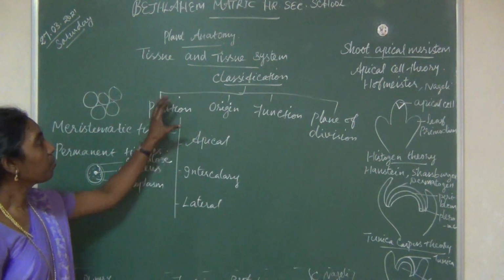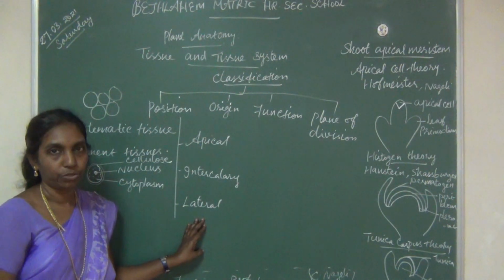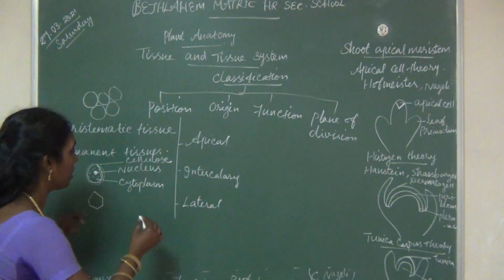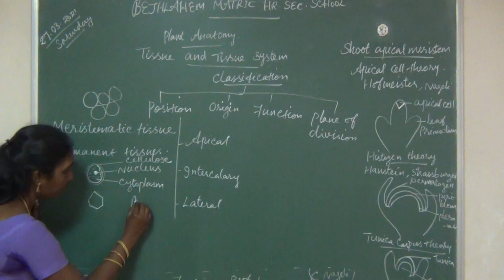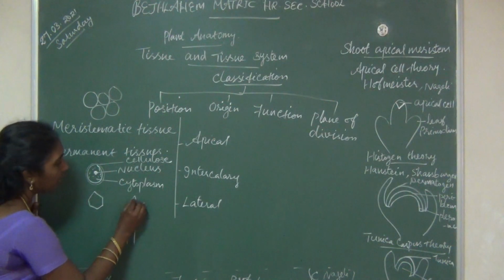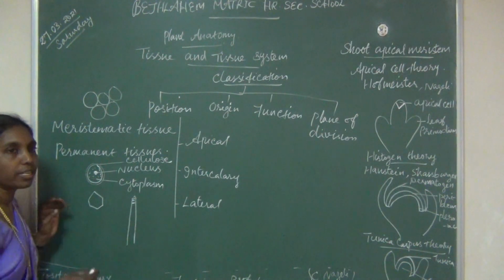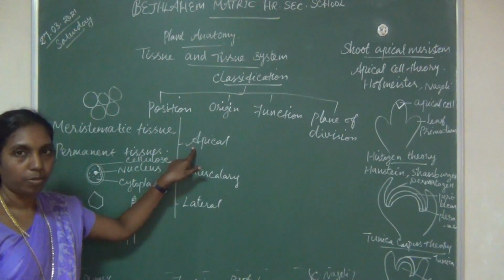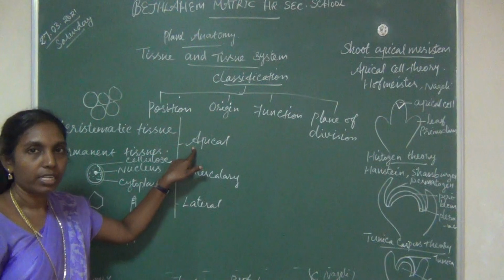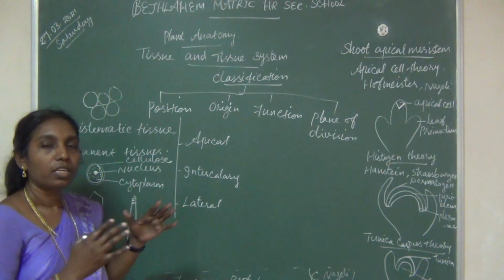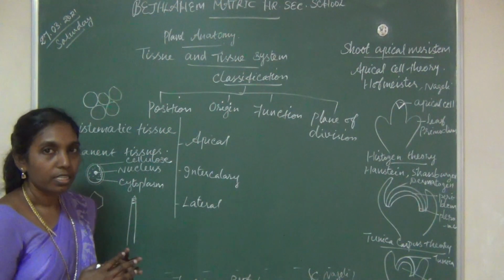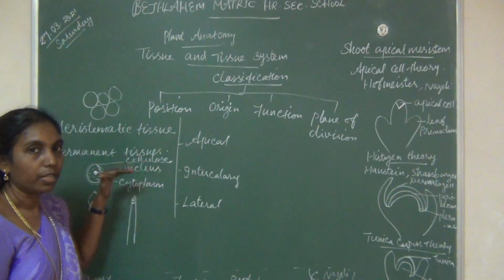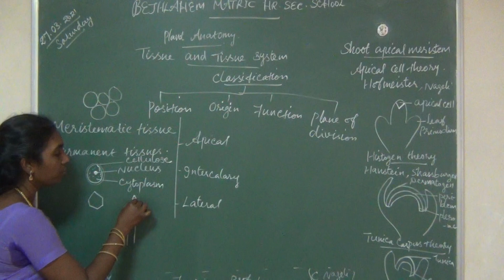The meristematic tissue which is positioned in the apical regions, the apices, either the shoot apex or the root apex, is the apical meristem. These cells are dividing cells, so they help to elongate. They help to enlarge the cells, tissues and the plant part, mainly in the apices of the shoot as well as the root.